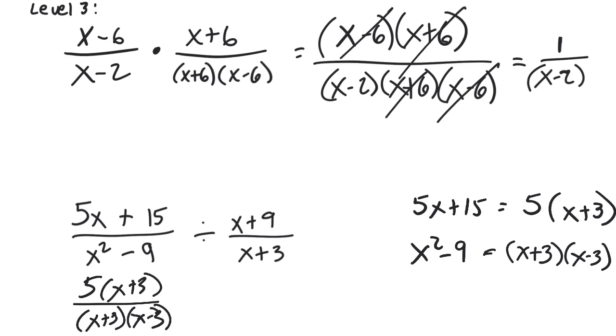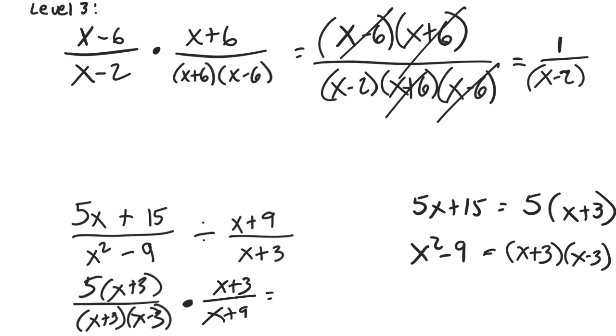And I'm going to now flip the fraction and multiply. Like I said, this second fraction gets flipped because it's a division. I want to multiply. It's easier that way to just flip the second fraction. So on top I'll have x plus 3. On bottom I have x plus 9.